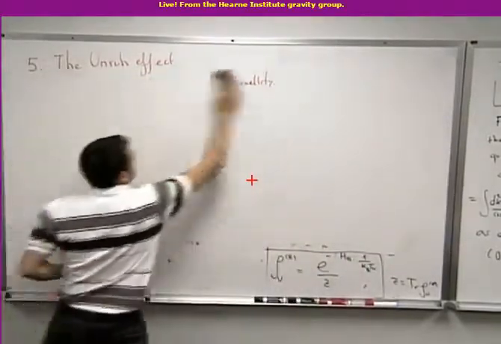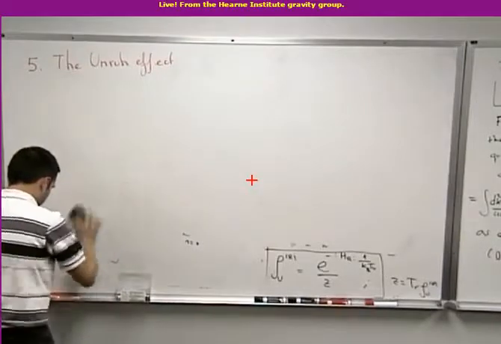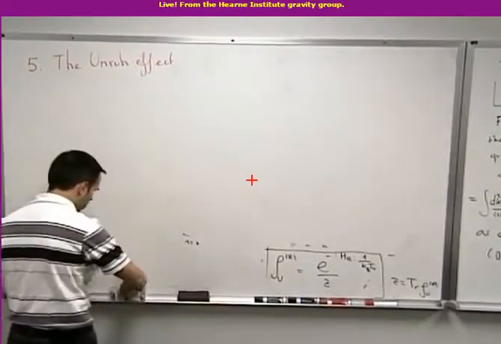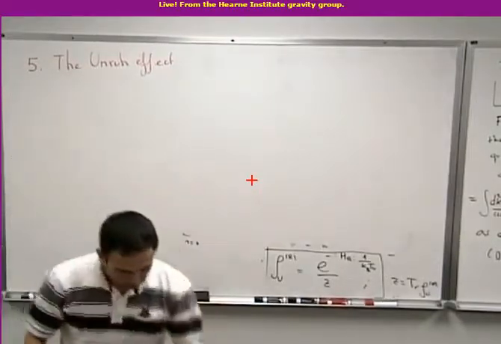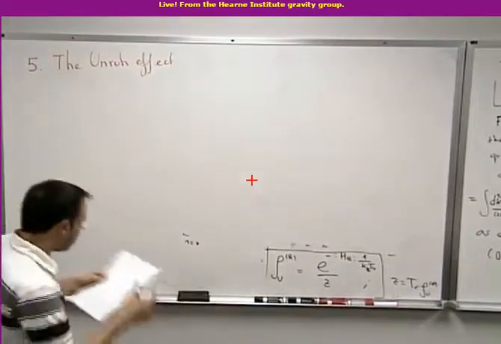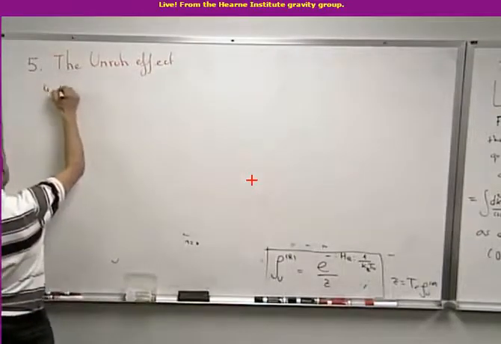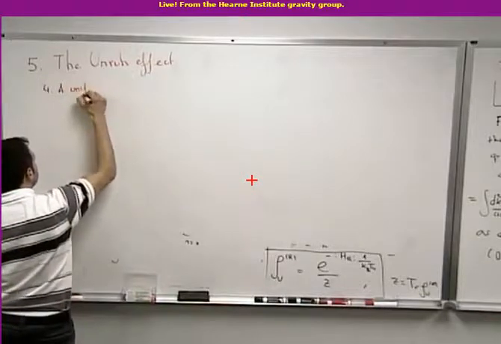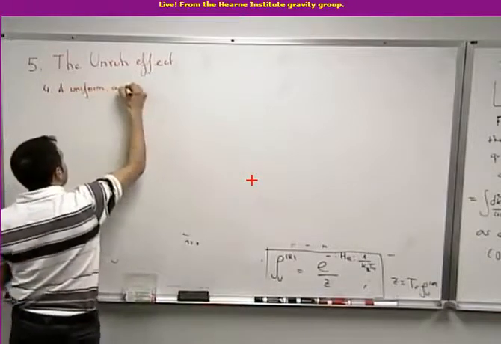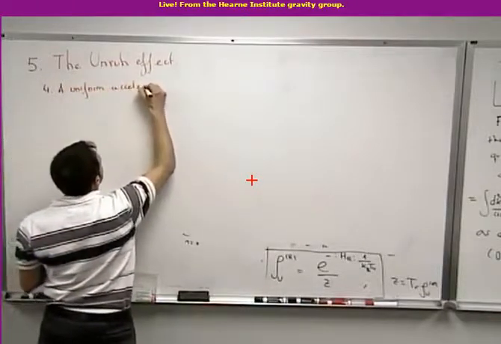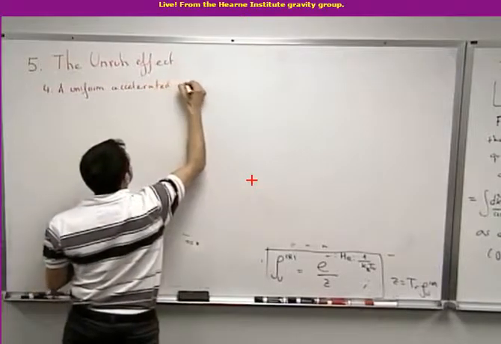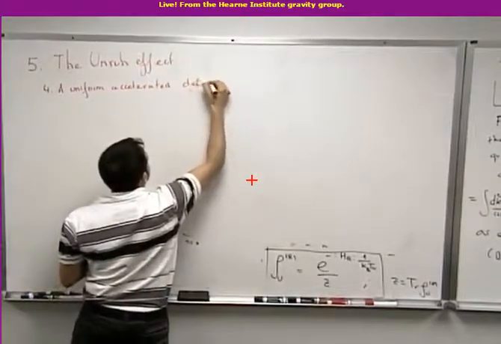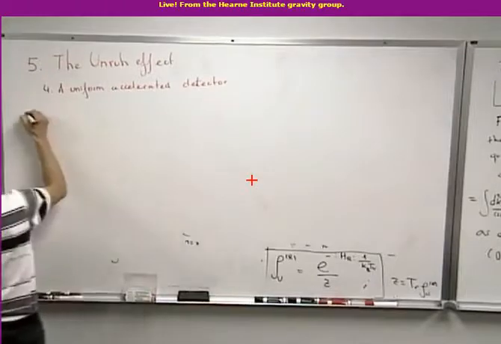And now I'm going to go to the last section in the chapter, section 4, a uniformly accelerated detector in Minkowski spacetime.